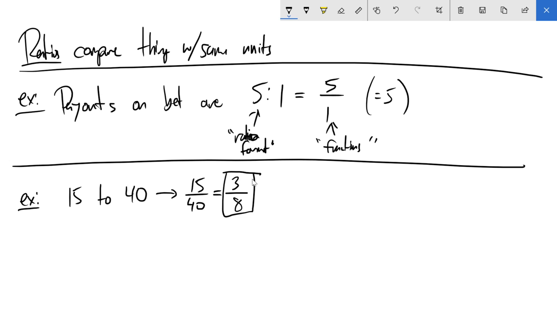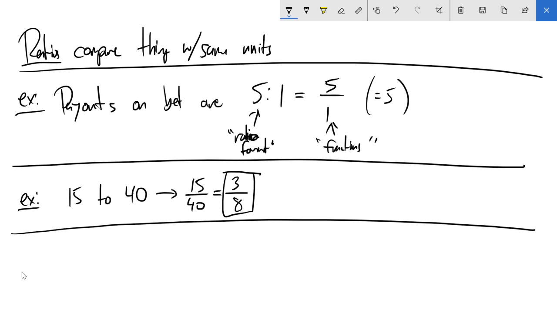All right. You could see ratios that have decimals in them, and if you're going to convert them to fractions, let's say it's 0.8 to 0.36 or something like that.